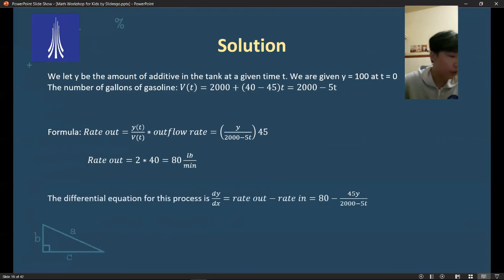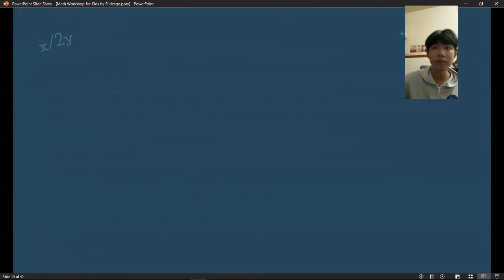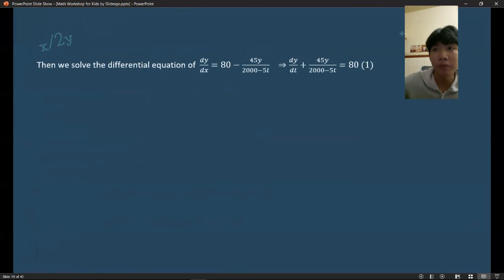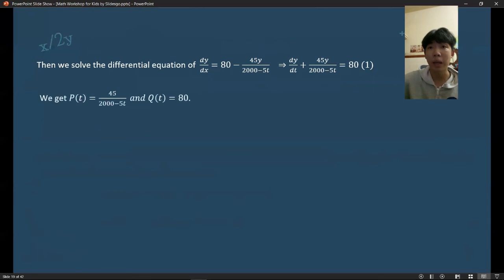So the differential equation for this process is dy over dt is equal to rate in minus rate out, which is 80 minus 45y divided by 2,000 minus 5t. So we label it as equation 1, and we get p of t is equal to 45 over 2,000 minus 5t, and q of t is equal to 80.